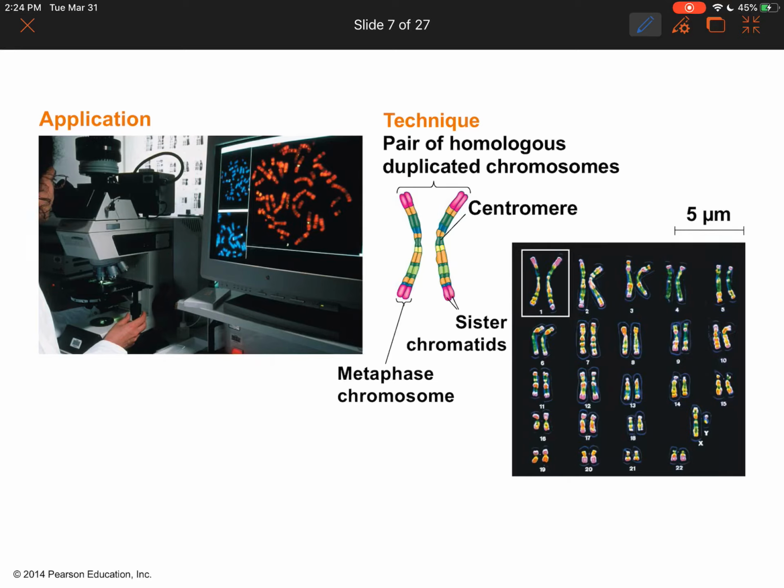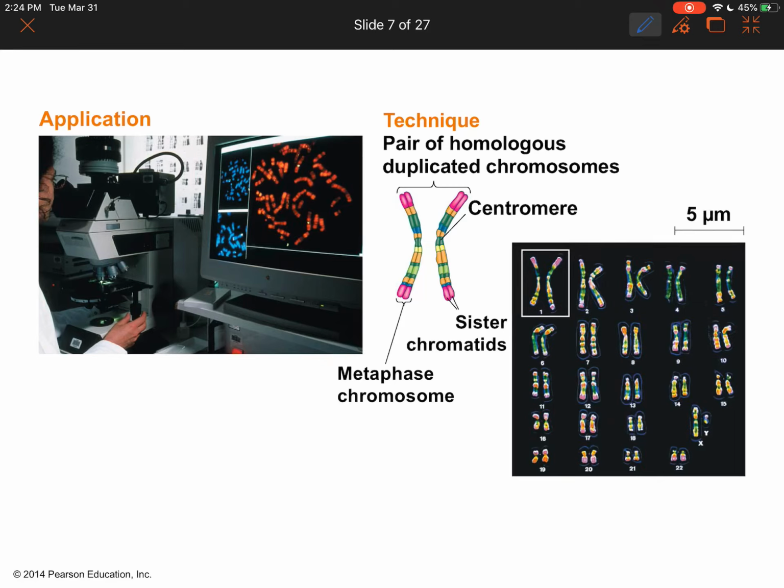That would give you 92 chromosomes in the embryo. That's way too many. That's twice as many. That embryo would not survive. So meiosis cuts chromosome number in half in the sperm and the egg, 23 singles in each. When they fuse during fertilization, 23 plus 23 gives you 46 in the embryo. So meiosis, the reduction division part, is what keeps chromosome number constant from one generation to the next.